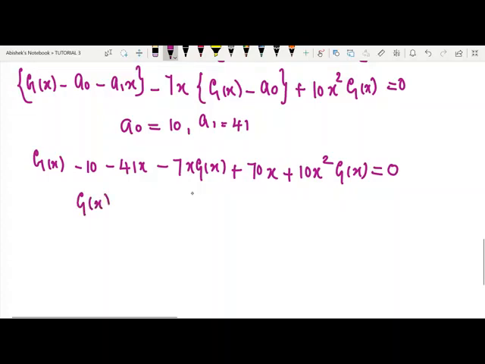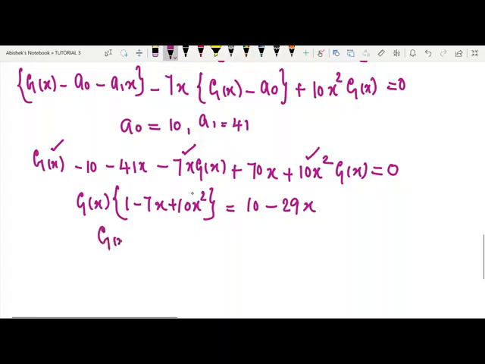From the above expression, g of x times 1 minus 7x plus 10x square equals 10 minus 29x. Maintain the g of x term on the left hand side and the other terms on the right hand side.